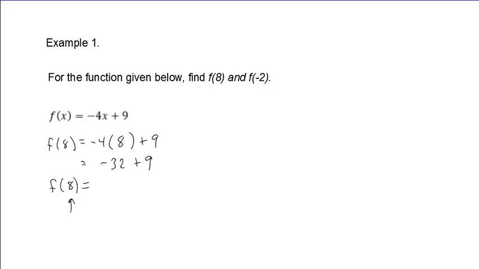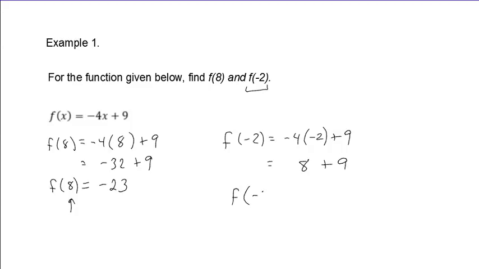So at the input 8, we get the output of negative 23. Similarly, for the function value at negative 2, we're going to do the exact same thing. I have negative 4 times negative 2 plus 9. Negative 4 times negative 2 is 8, plus 9. And so the function value at negative 2 is 17.